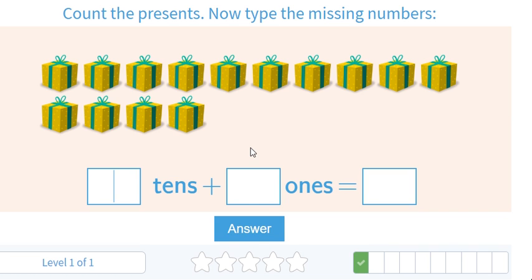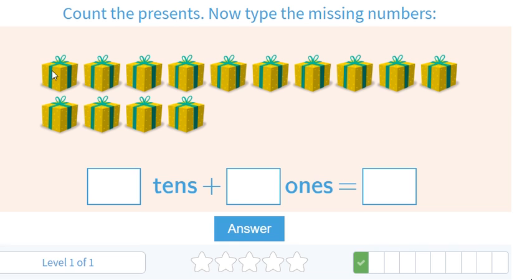Okay, so now I can see that there are a lot of packages here, and I bet if I counted all of these packages up the top that it would be a group of 10, just like we did with our ladybugs and our frogs. So let's see. 1, 2, 3, 4, 5, 6, 7, 8, 9, 10.